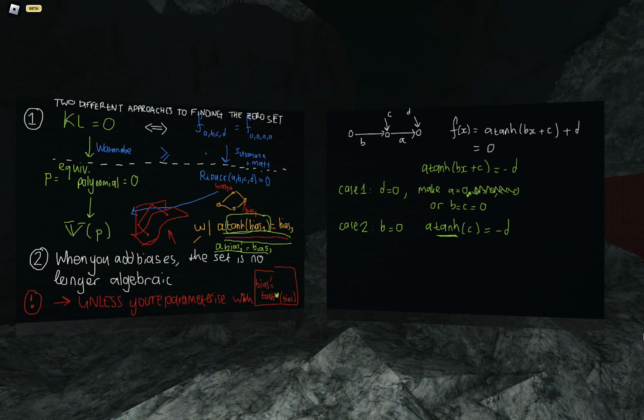But if you start from the top with, instead of c, tanh inverse of c, which I'm going to call c prime, sorry, no, I'm getting it backwards again, aren't I? We have c here.